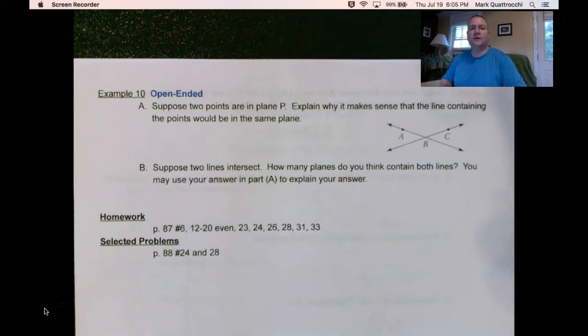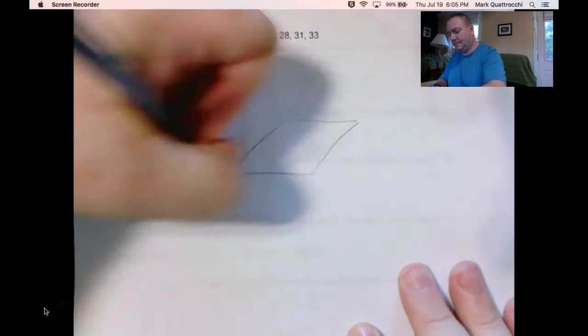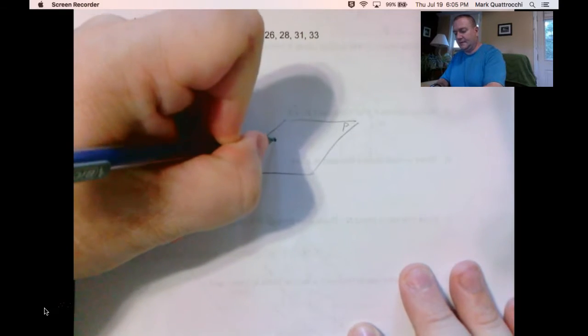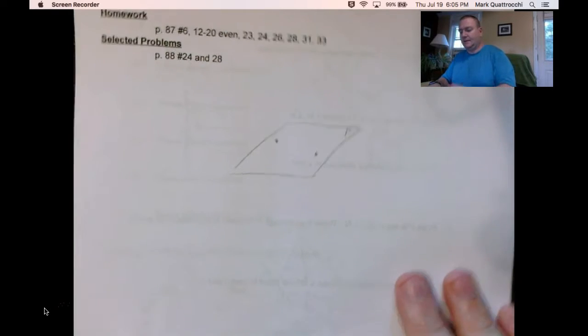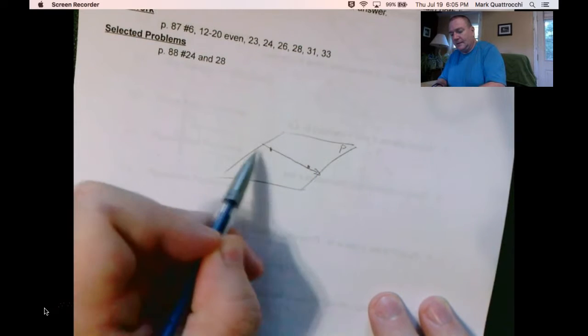Suppose 2 points are in plane P. Explain why it makes sense that the line containing those points would be in the same plane. Well, if we have 2 points in this plane P, here's plane P, and I have 2 points in that plane. Now I got to connect those 2 points with a line.